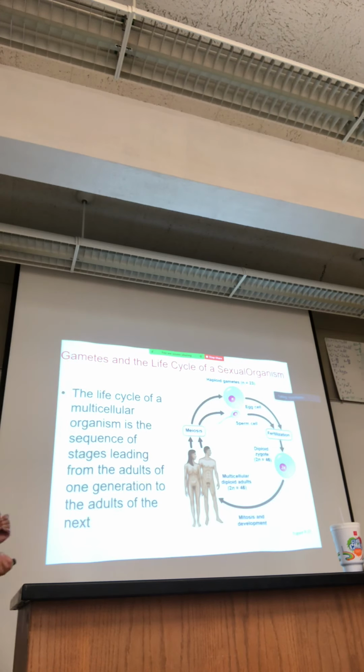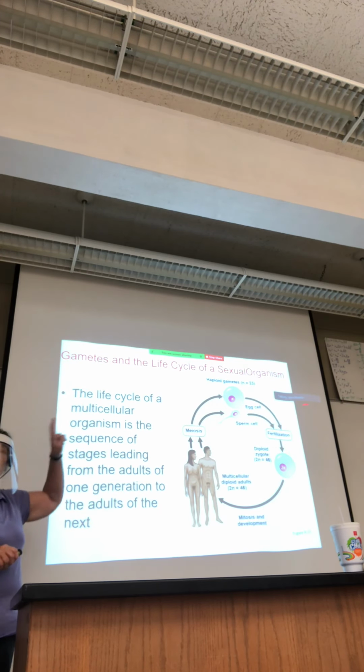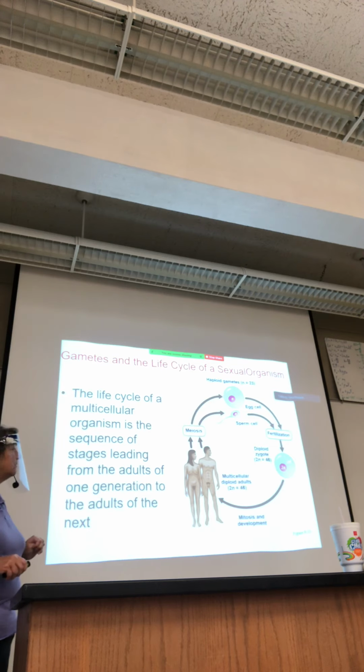So a diploid zygote means it has 2 copies of each chromosome, then undergoes mitosis and development until it becomes an adult. So the important point here is that the only time an animal cell is haploid is in the gamete. And you have to reduce the number of chromosomes so that when fertilization occurs, you can go back to the full number of chromosomes.